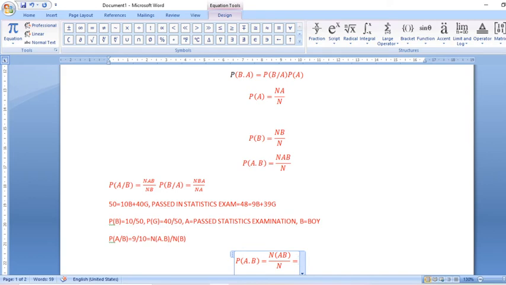So this is equal to n of AB divided by n.